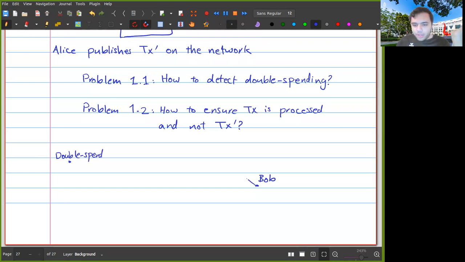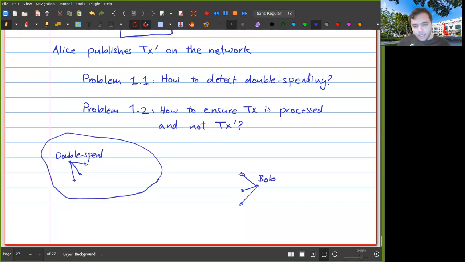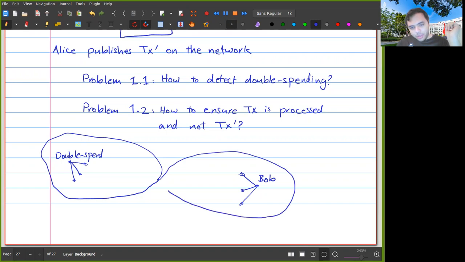Now, of course, we saw the protocol that we have for propagating these transactions. So what would happen is that the nodes that are generally closer to the double spend will consider that the double spend happened first, and the nodes that are generally closer to Bob will suppose that the original transaction happened first.